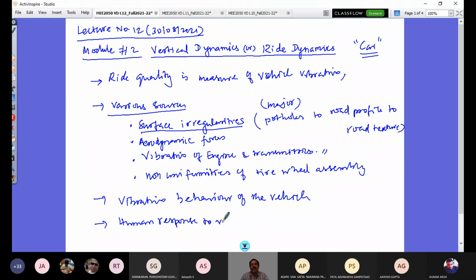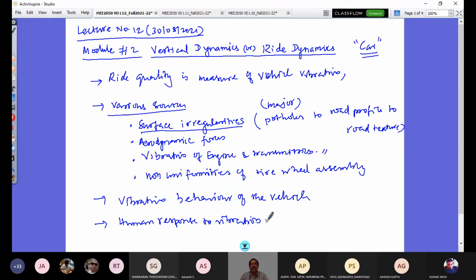Human response to vibration is obtained through many experiments conducted by OEMs and suppliers of subcomponents and so on, in order to come out with vibration level standards. There are SAE standards, there are ISO standards, and that is what tells what vibration response is perceived by the human. So understanding human response to vibration is important.